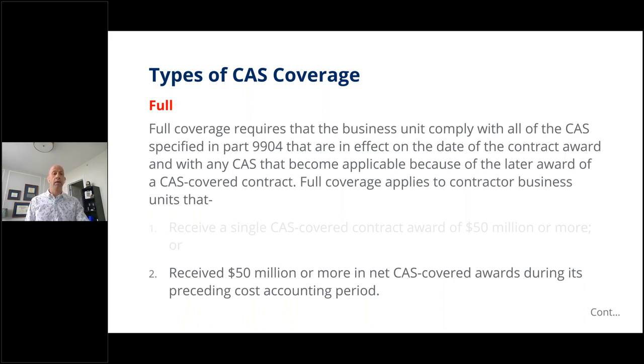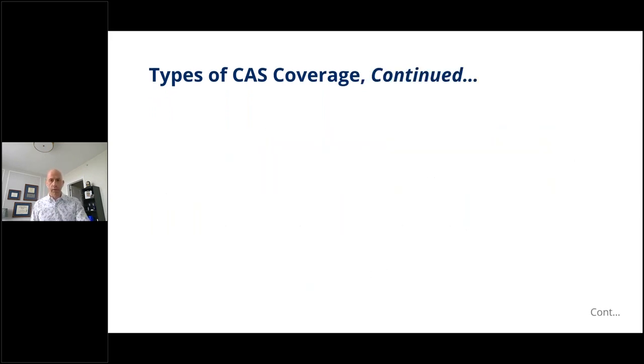These are companies that are getting large dollar value contracts. It's important to note here that a contract is CAS covered, not an entity or a contractor. A company or an entity may need to comply with CAS, but it is actually the contract that is CAS covered, and that's what you are complying with.